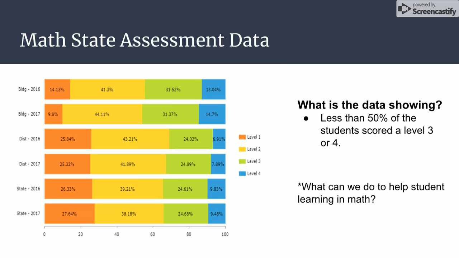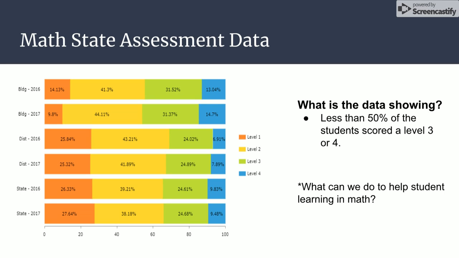Looking at math state assessment data now, it is broken into the first two bars is building, the second 2 are district, and the last 2 are state. This is data from 2016 and 2017. What is the data showing? When I look at this data, I see that less than 50% of the students scored a level 3 or level 4.